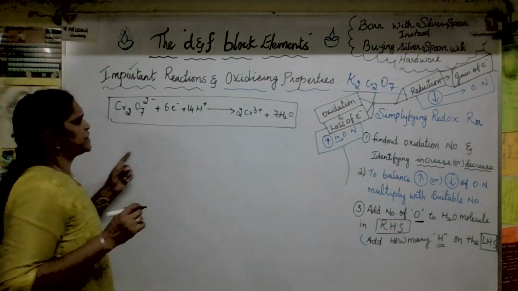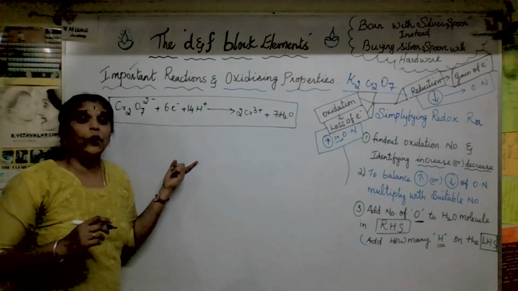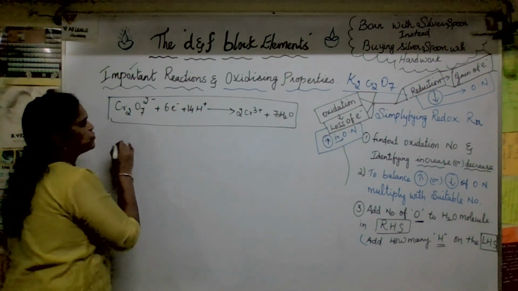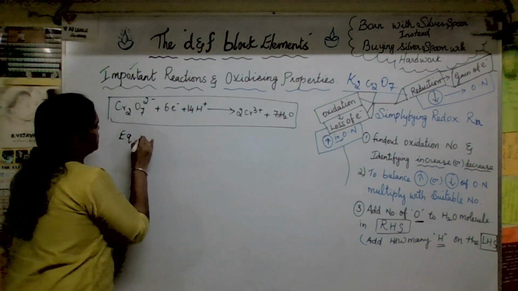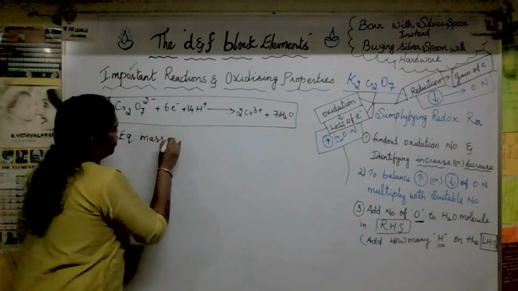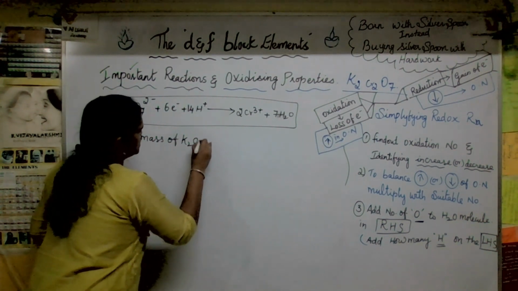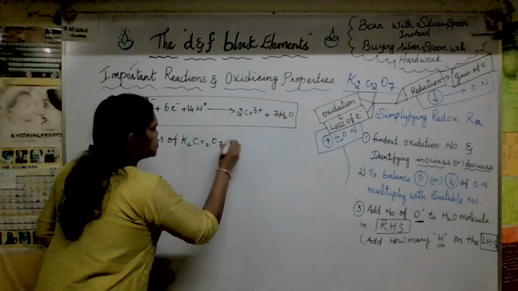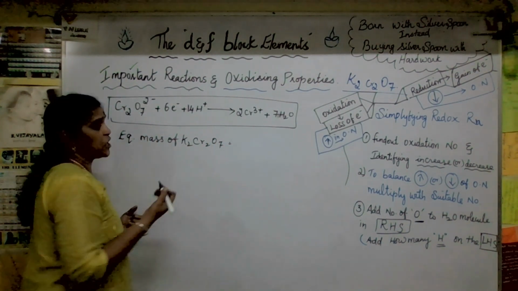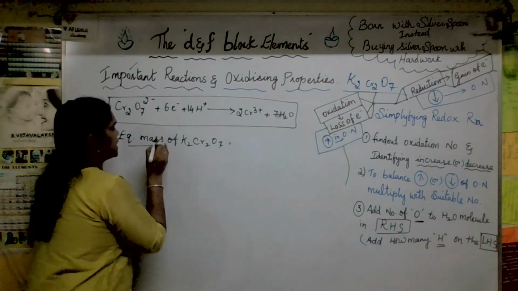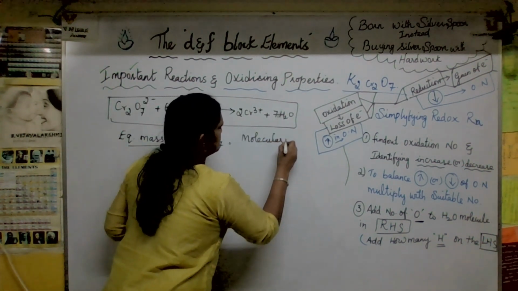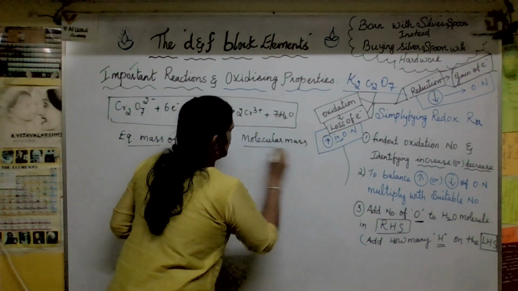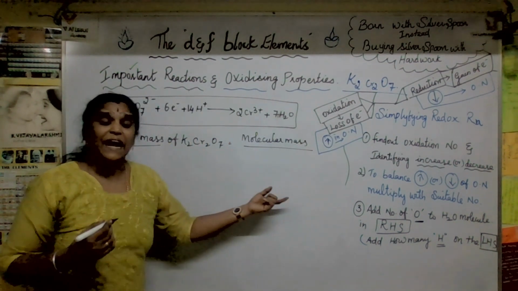Now, one more thing we have to find out: the equivalent mass of K2Cr2O7. How to find out the equivalent mass of K2Cr2O7? Equivalent mass means molecular mass divided by number of electrons change.